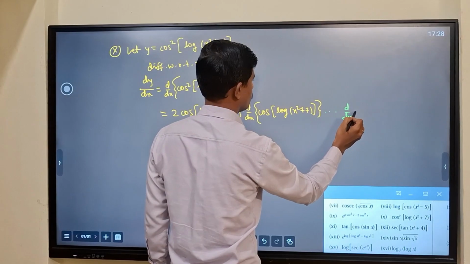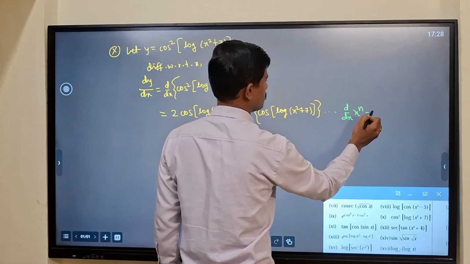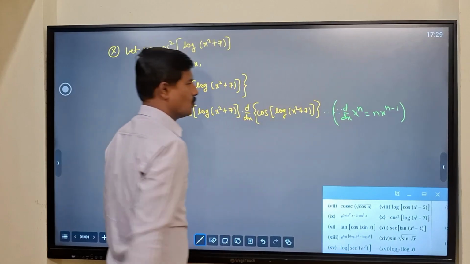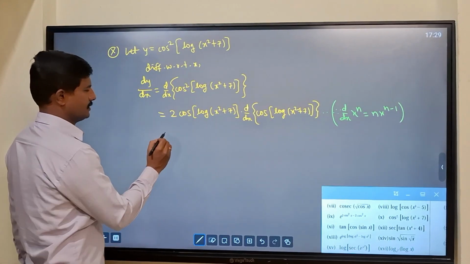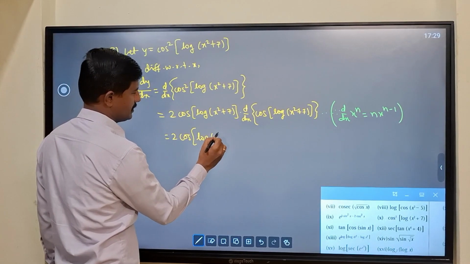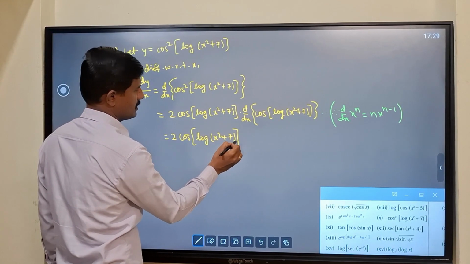Okay, here we use the formula d/dx of x raised to n equal to n x raised to n minus 1. Now 2 cos log of x square plus 7 as it is.